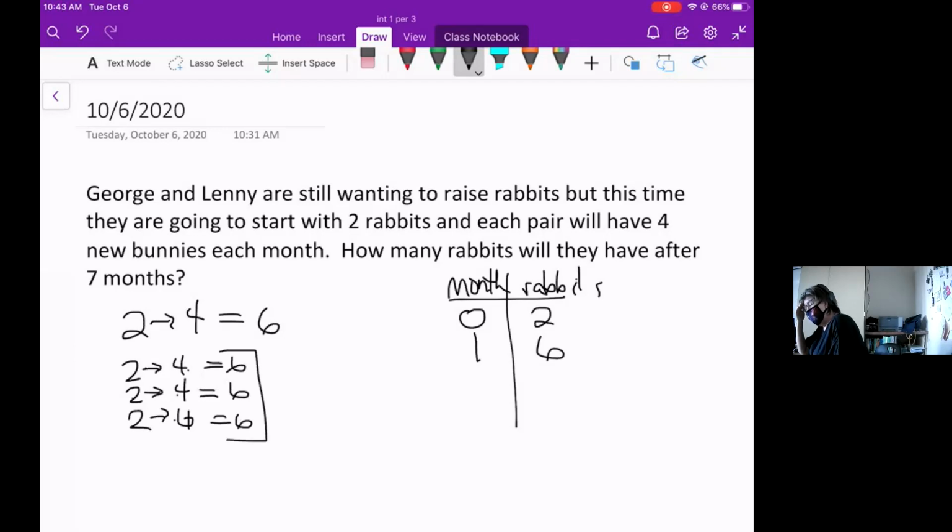How many total rabbits do they have this time? 18. Are you seeing how I'm doing it? Because it's each pair has 4 more. It's not going to be just 7 times 2.